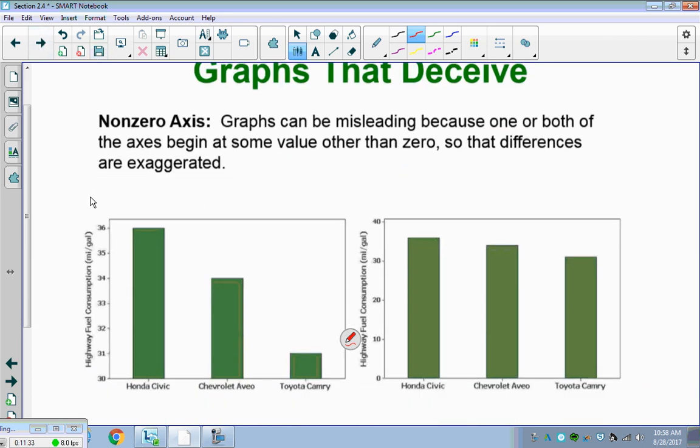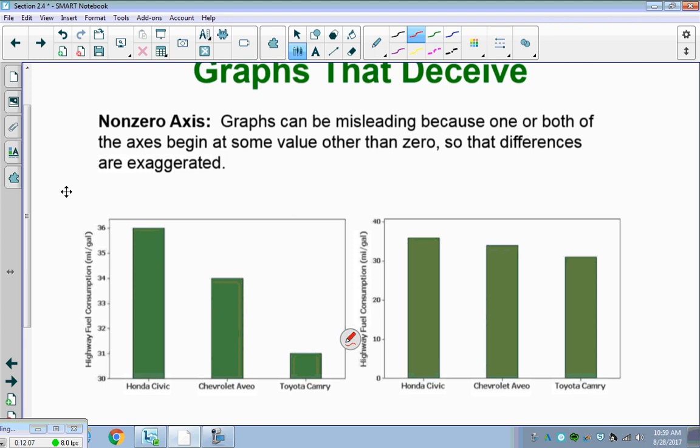Here are some graphs that deceive. Okay? If you take a look at this graph, highway fuel consumption, miles per gallon, it says, man, the Honda Civic is all over the top of the Chevy and the Toyota, huh? They're like, wow, right?